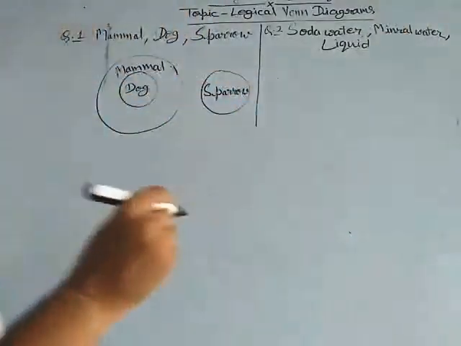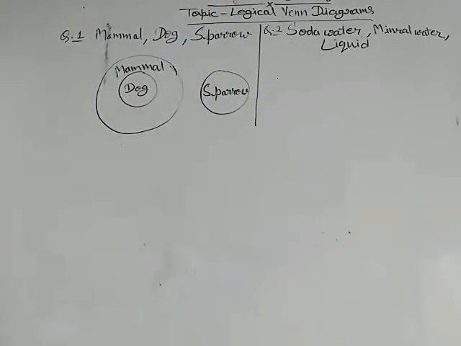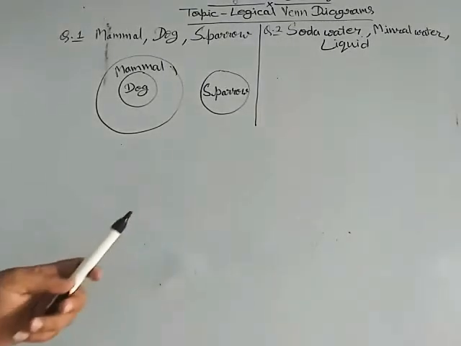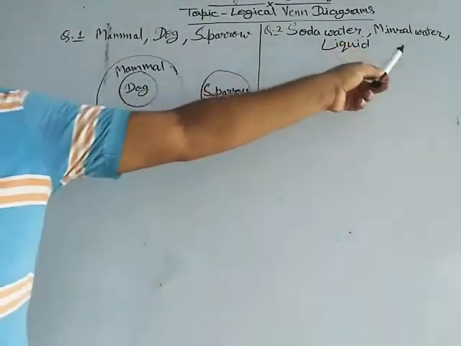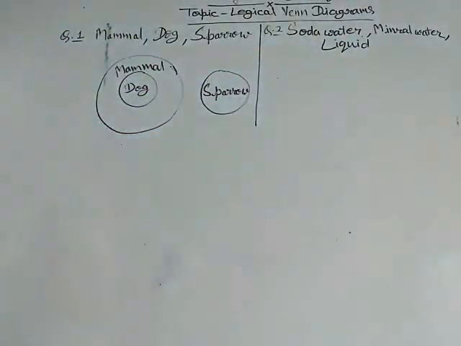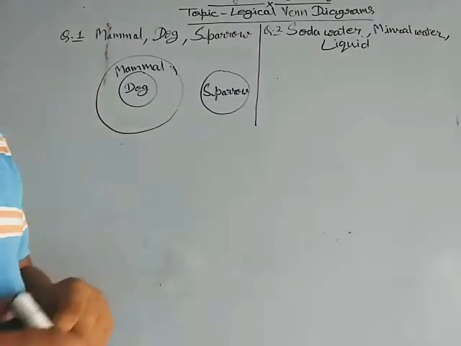We have to draw the Venn diagram for all these three things. So let's start: soda water, mineral water and liquid.